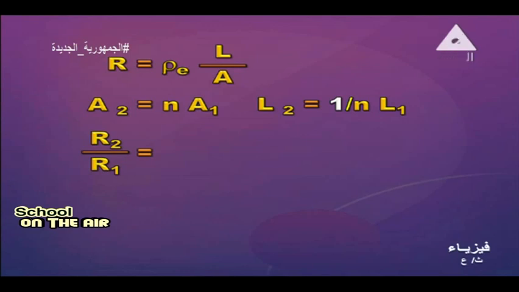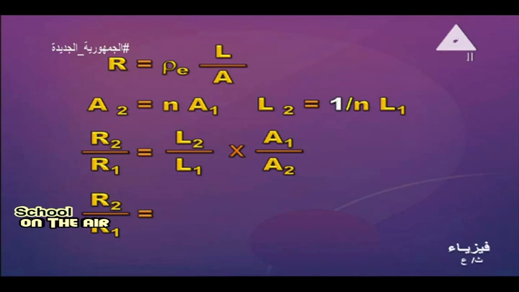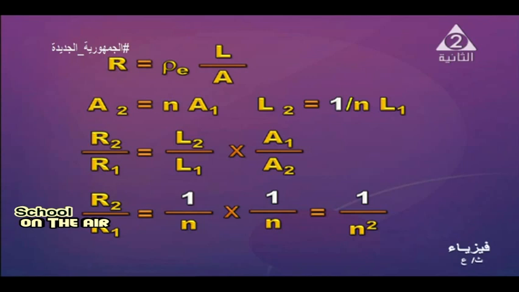Relation between R and length is direct, so L2 over L1. Relation between R and area is inverse, A1 over A2. Substituting, L2 over L1 equals 1 over N, A1 over A2 equals 1 over N, so it is equal to 1 over N squared. So R2 equals R over N squared.